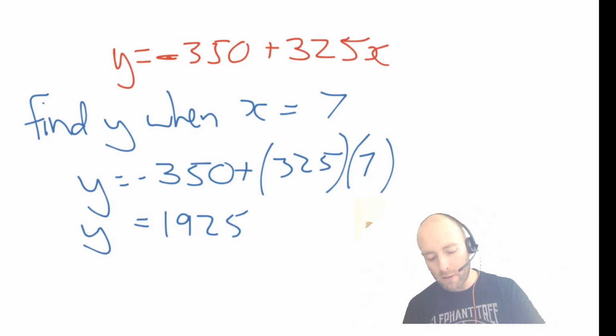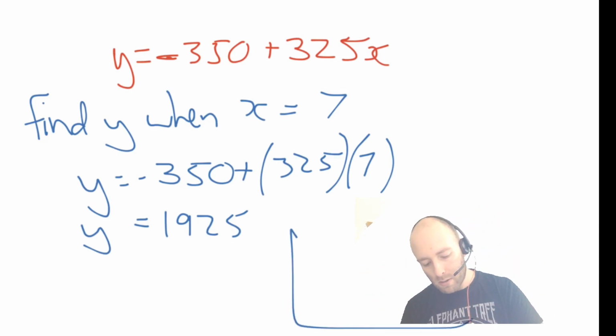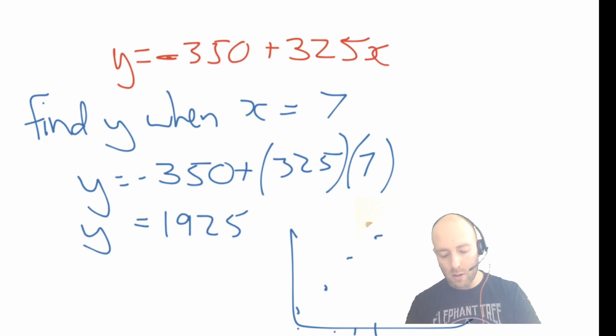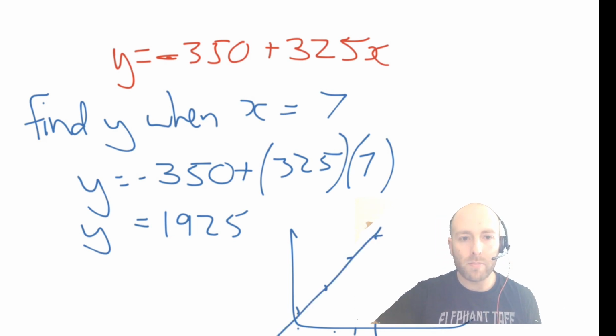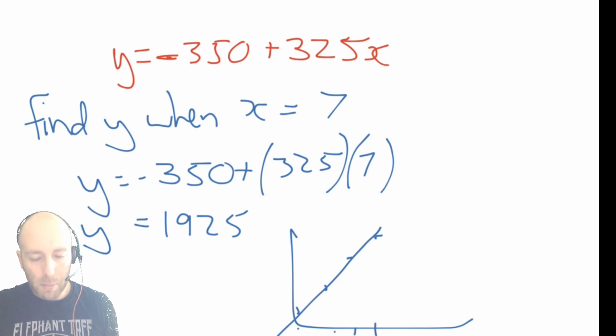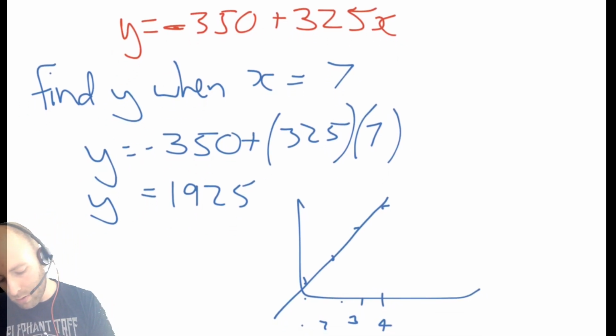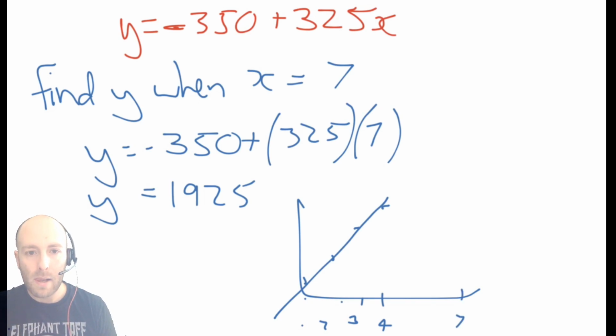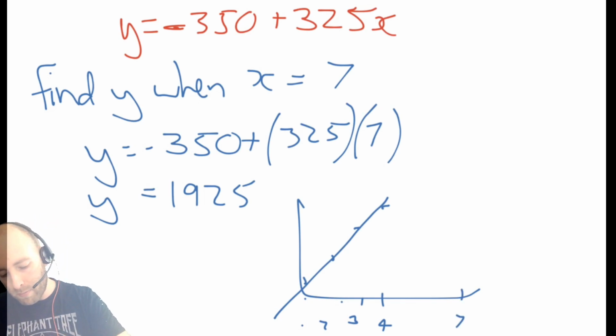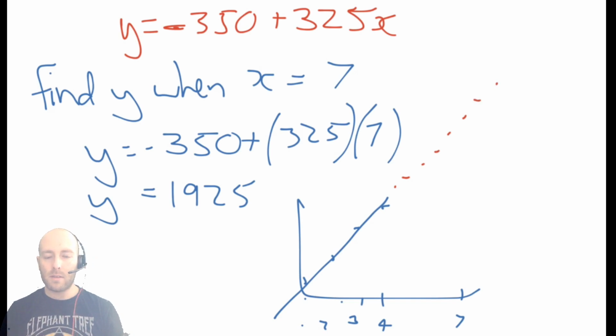So if I drew my graph, 3, 2, 1, I worked out these data points. That's all I know, and that's the line I've worked out. Now, because I'm asking my equation to work out what's going on at 7, I'm assuming that the line keeps going like this.